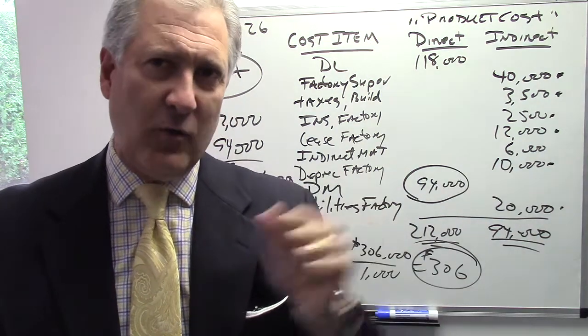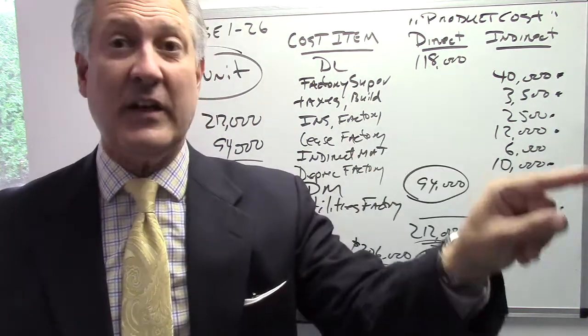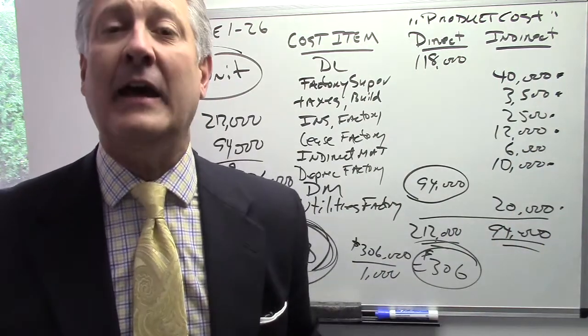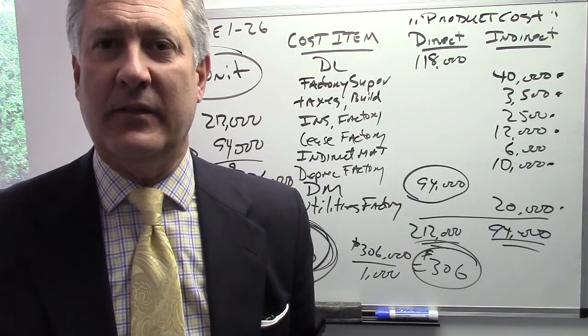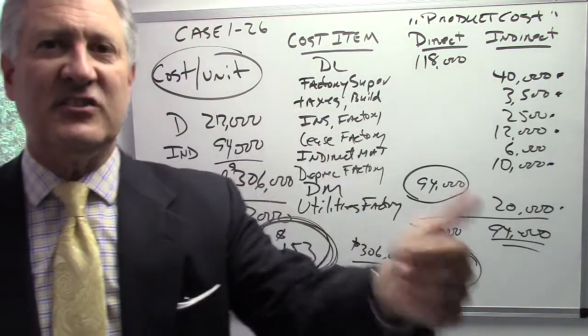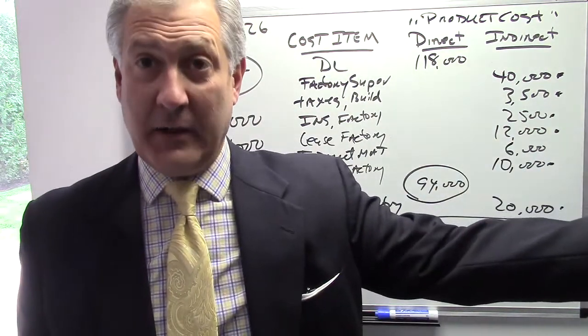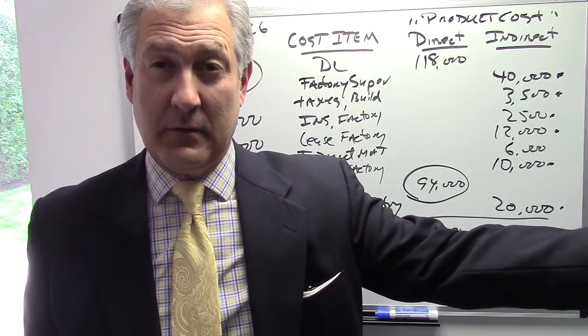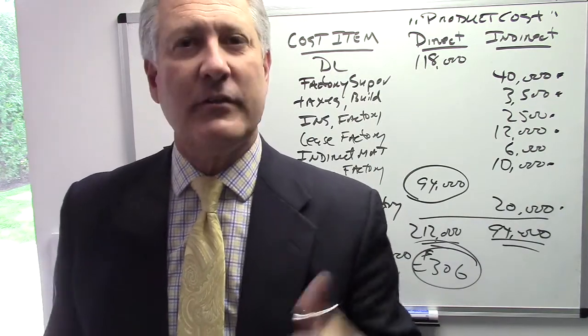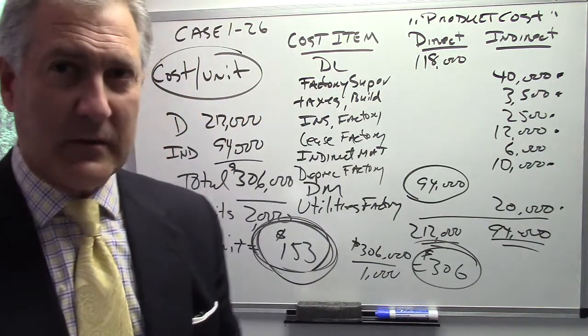For them to take one of those 2,000 units and sell it to the brother-in-law at cost or something less than that, they have a lost opportunity. They're losing the opportunity to sell it at a normal selling price. A lost opportunity equals an opportunity cost. So the term they're looking for is opportunity cost.